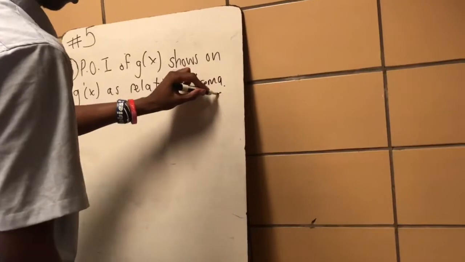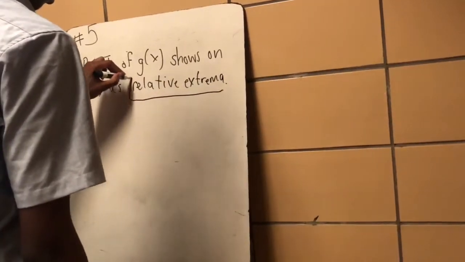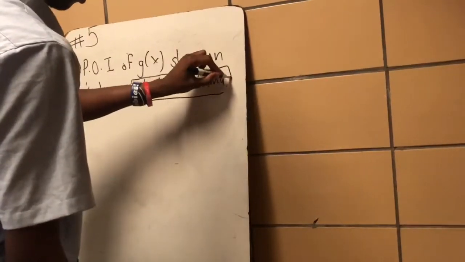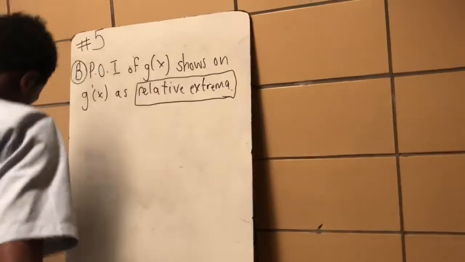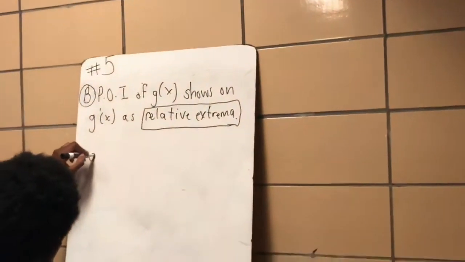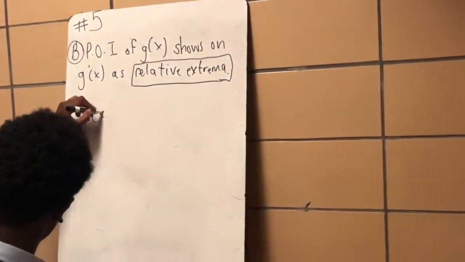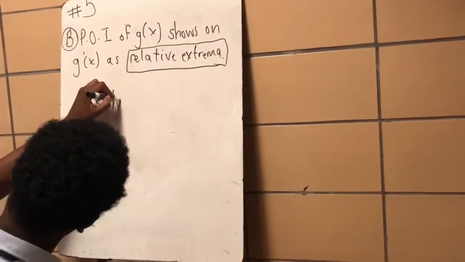For part B, for question 5, it asks us for point of inflection. Point of inflection of g of x shows up on the graph of g prime of x as relative extrema.